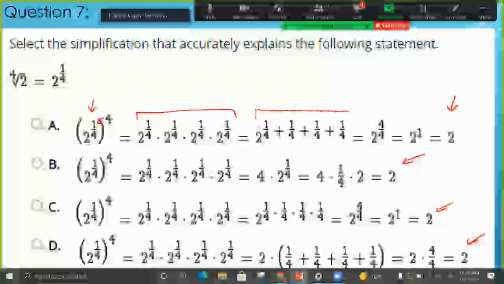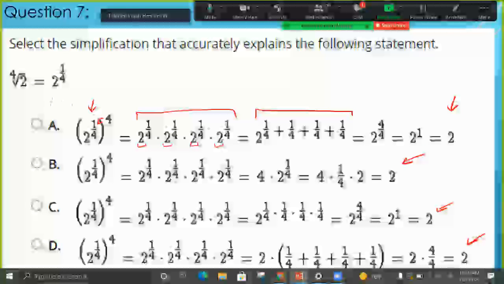In the next step, they've added all the exponents, and it's just one base now. Why? Because it's the same base. They're all 2's. That's good. So we can combine them and add the powers together. And when you do that, you get 1/4 plus 1/4 4 times. That's 4/4, which of course is 2 to the 1, which of course is 2. So option A is accurate.